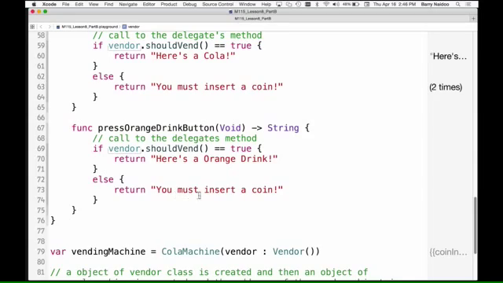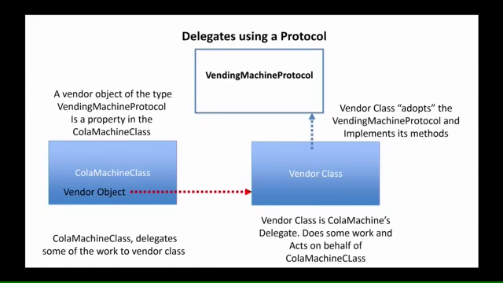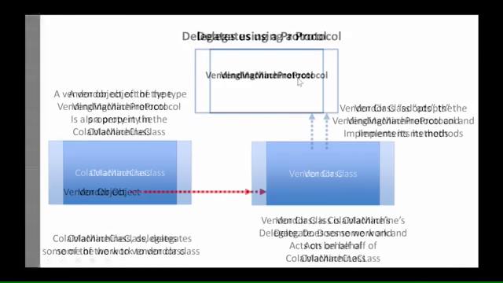It will return, you must insert a coin. Okay, so let's see what we've done so far. We've created the vending machine protocol. We've created the Vendor class, which adopts this protocol. Then we created a vendor object, which points to the Vendor class, which is the delegate. And this vendor object is of type vending machine protocol.